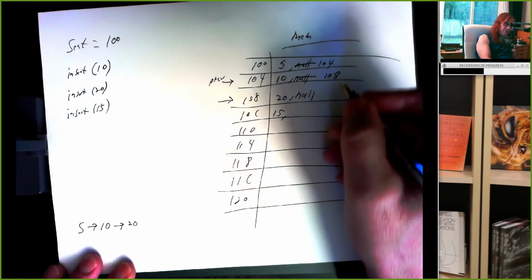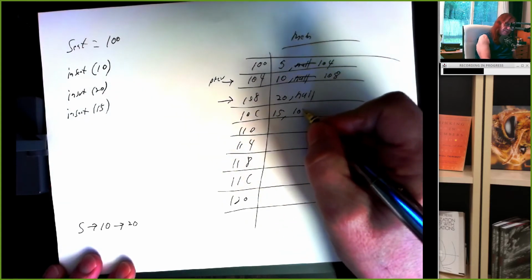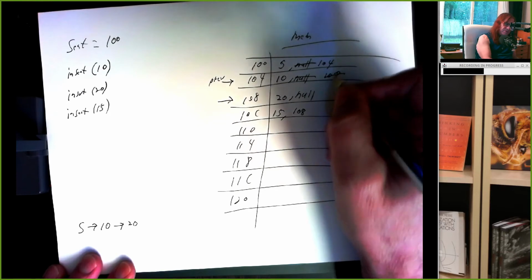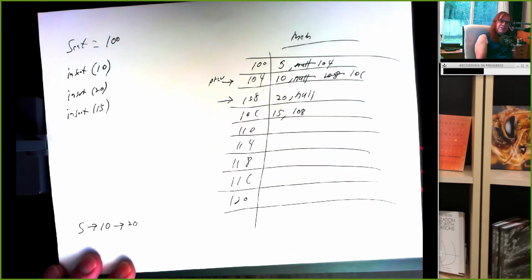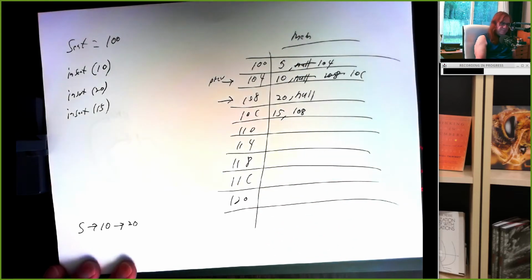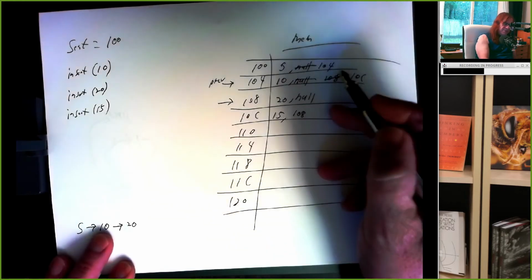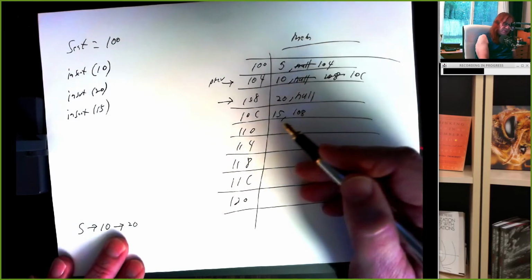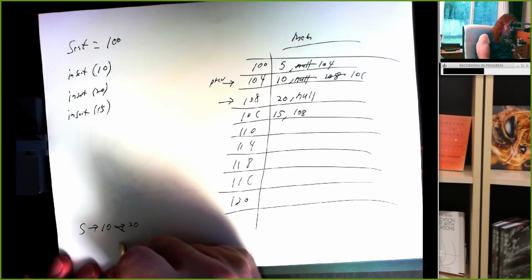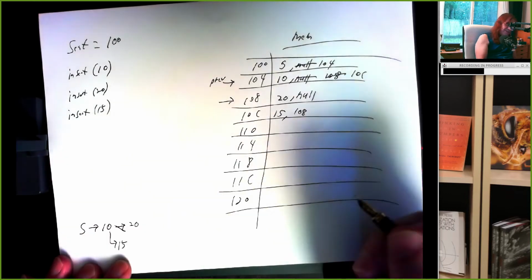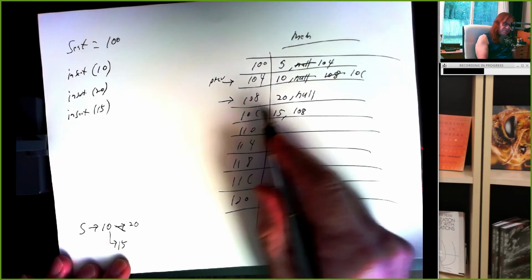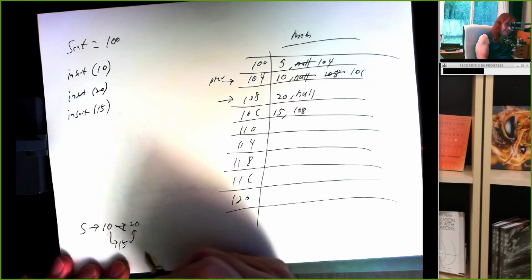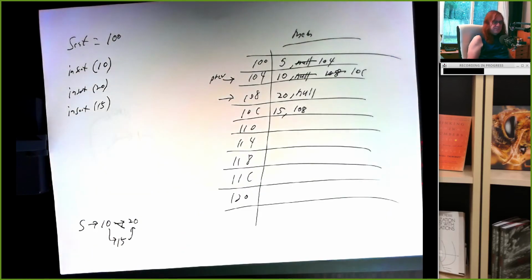So we'll have our new node point where the previous node points, that's 108, and we'll have the previous node point to our new node, that's 10C. So now our sentinel points to 104, that's a 10, that's our first node. That points to 10C, which is a 15, that's our next node, and 15 points to 108, that's a 20, and 20 is the last thing in the list.